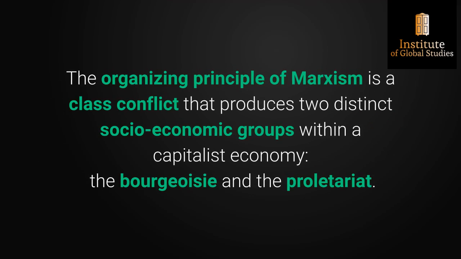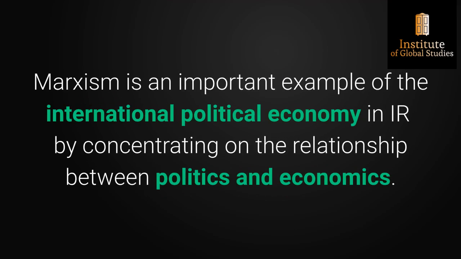The organizing principle of Marxism is a class conflict that produces two distinct socio-economic groups within a capitalist economy, the bourgeoisie and the proletariat. Marxism is an important example of the international political economy in IR by concentrating on the relationship between politics and economics.